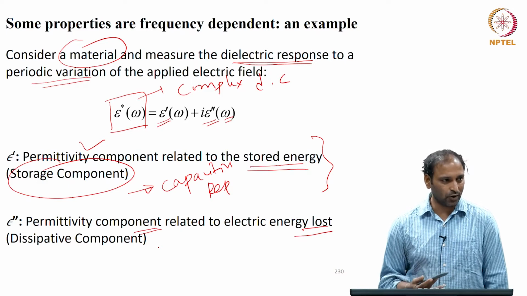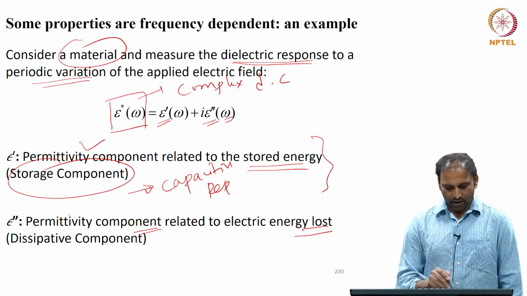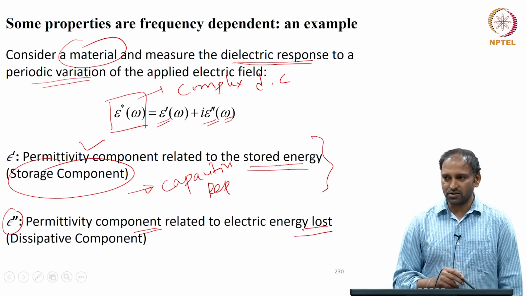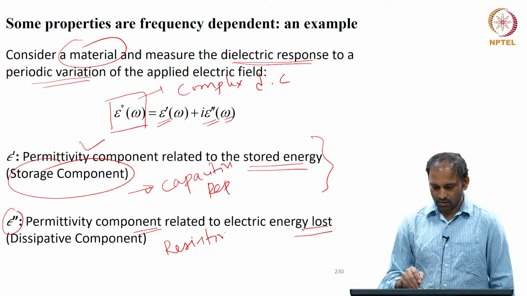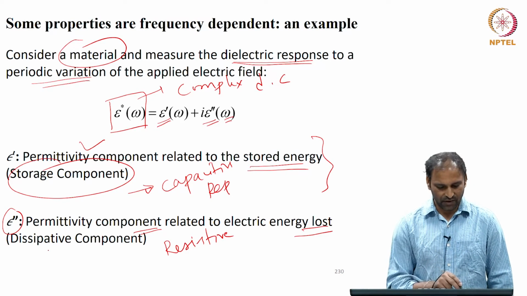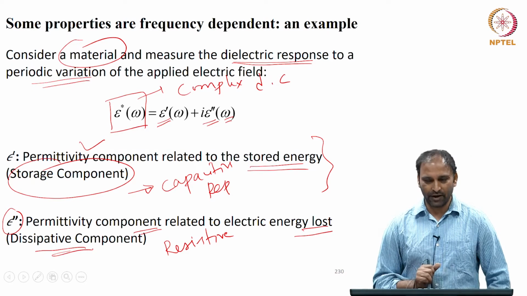There are devices where you can store electric energy. And if E double prime is prominent, people call it a resistive response, which is the dissipative component.